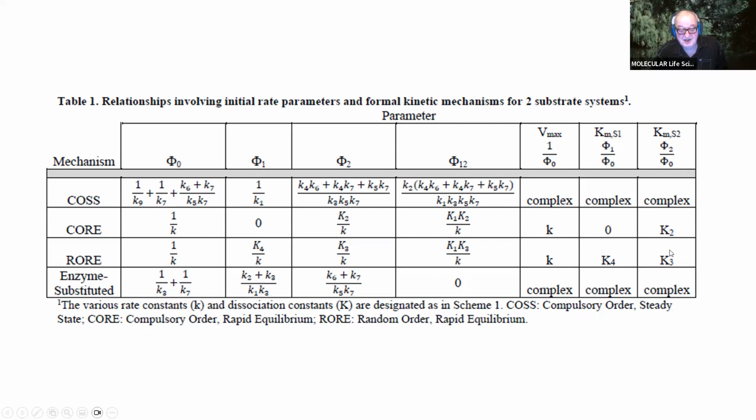And likewise, the other dissociation constant that you can get is not from the free enzyme, it's from the ternary complex. It's only in a compulsory order rapid equilibrium mechanism that Km for the second substrate is in fact the dissociation constant from the free enzyme. So again, understanding the kinetic mechanism lets you interpret Kms and Vmaxes appropriately. Without that, it's really difficult to put any significant meaning to Km values.